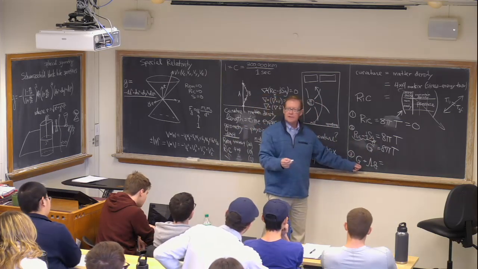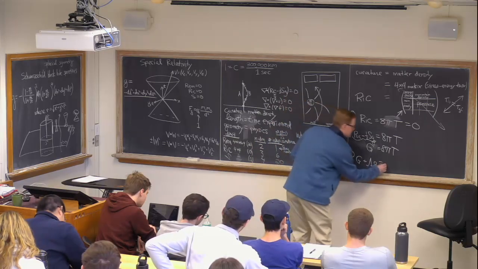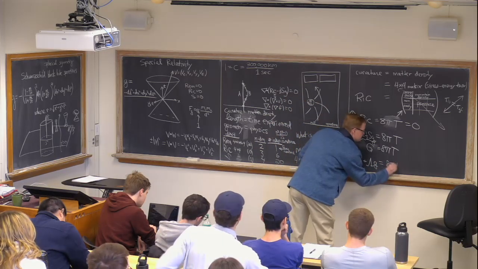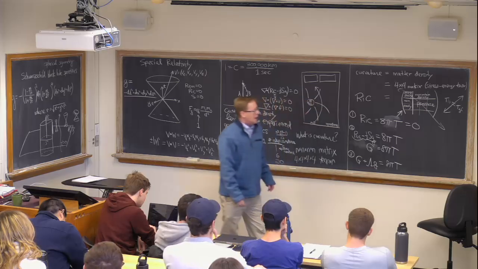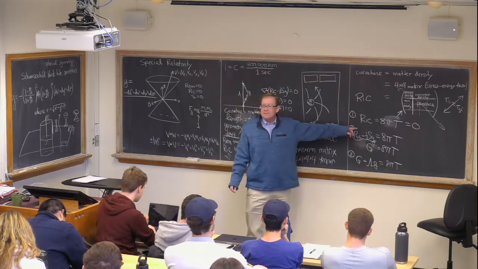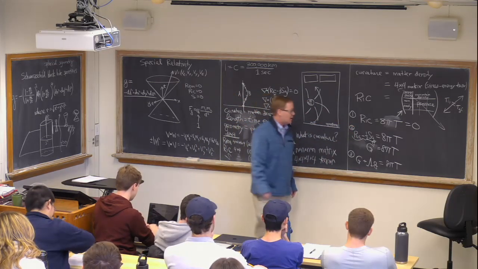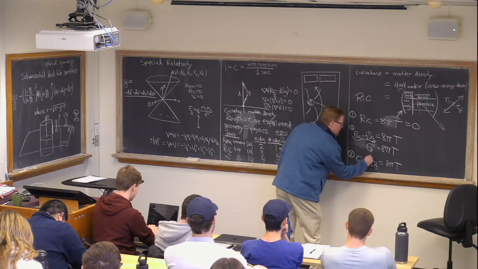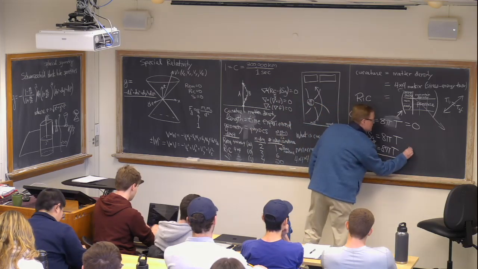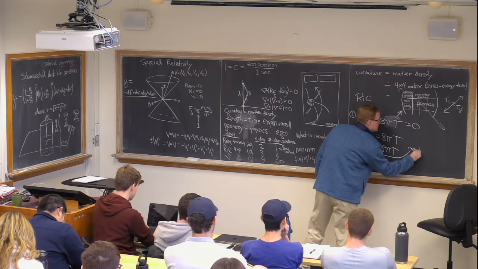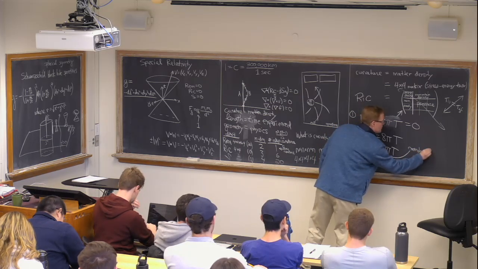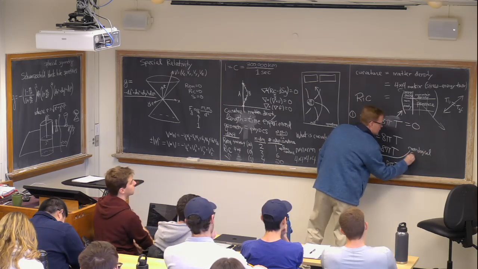This also has zero divergence. So it makes sense to set this equal to 8 pi T. And that theory is just as good as the second one. And so this right here is called the cosmological constant. And so Einstein next said, okay, how about, he actually proposed it, the cosmological constant.